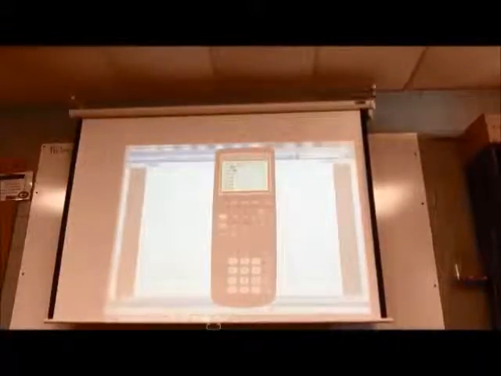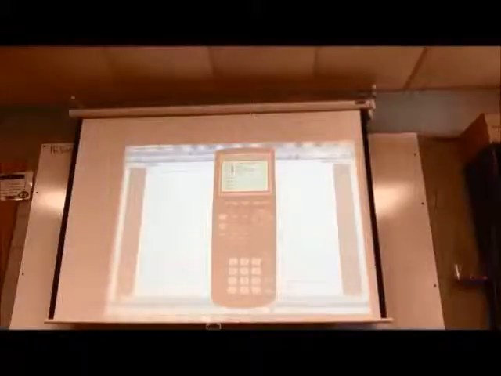This is really hard doing it with a mouse looking sideways. So you have your x plus 2 cubed.